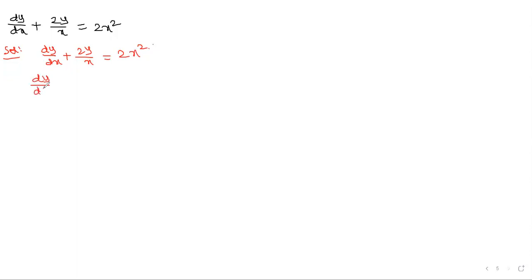Problems on linear differential equation. The first problem is dy by dx plus 2y by x is equal to 2x square. Solution: the given differential equation is dy by dx plus (2 by x) into y is equal to 2x square.